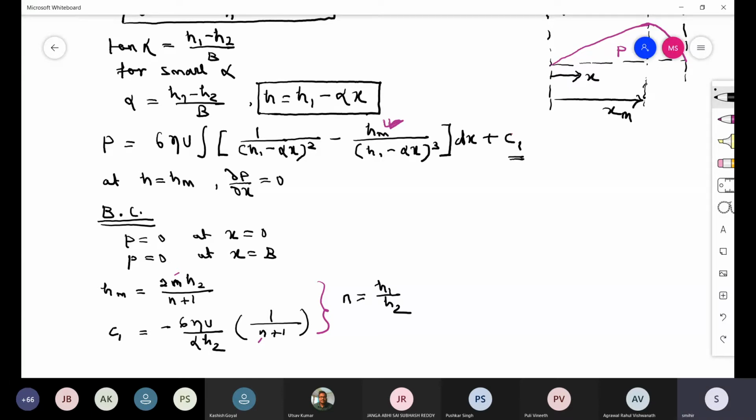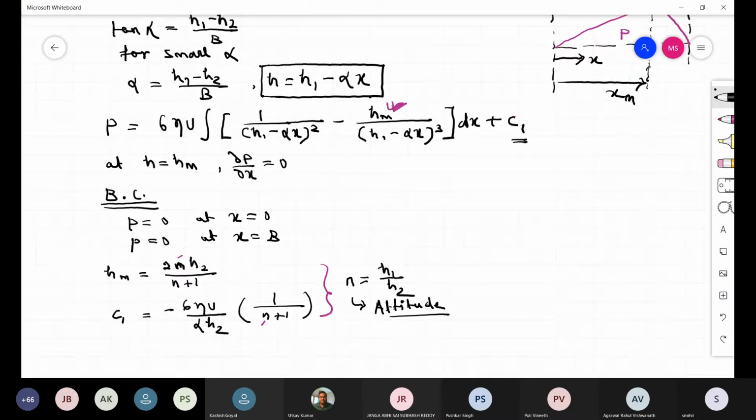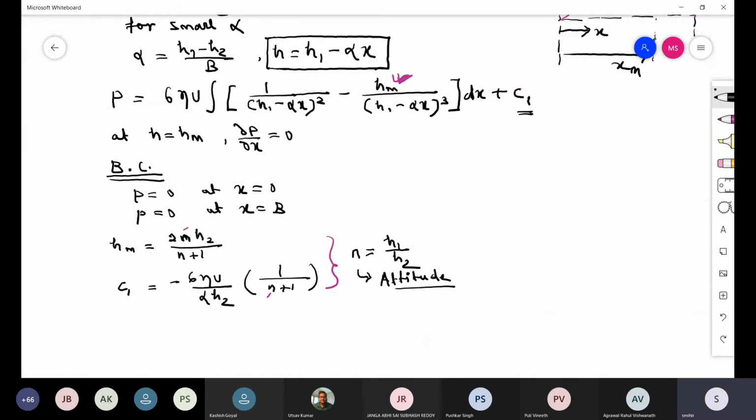This is sometimes called the attitude. So these are the values of the two constants hm and c1.